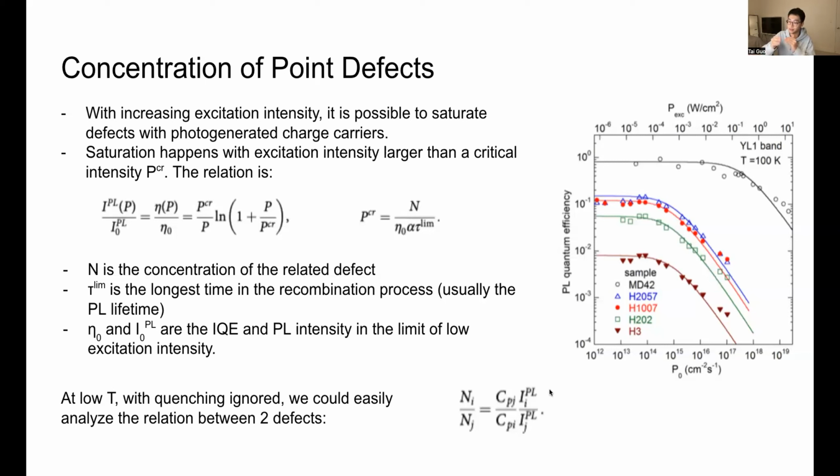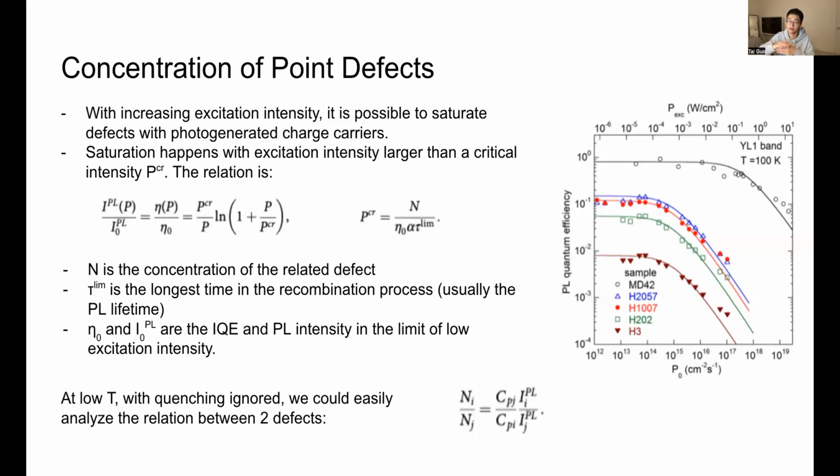It describes the ratio of the two defect concentrations using the PL intensity. So that also provide us with another way to estimate the defect concentration based on the other type of defect in this system. So that could be very useful for the defect analysis as well.